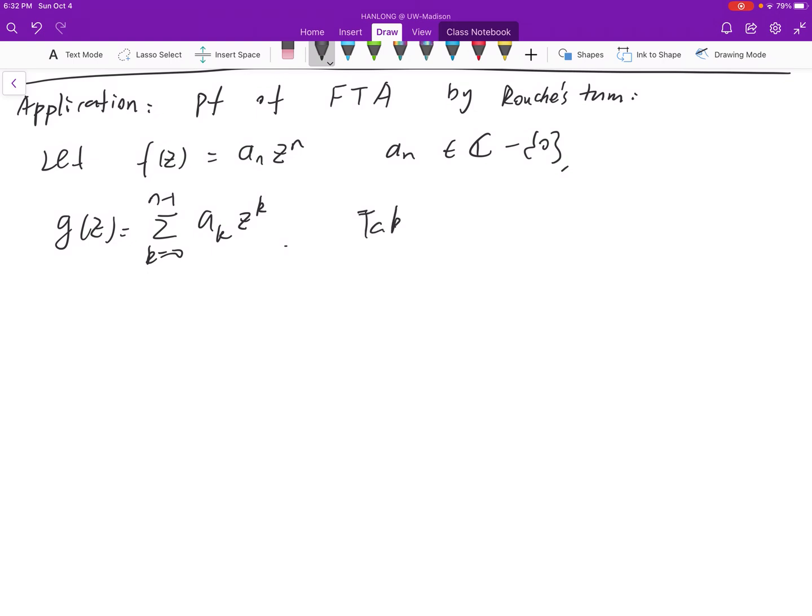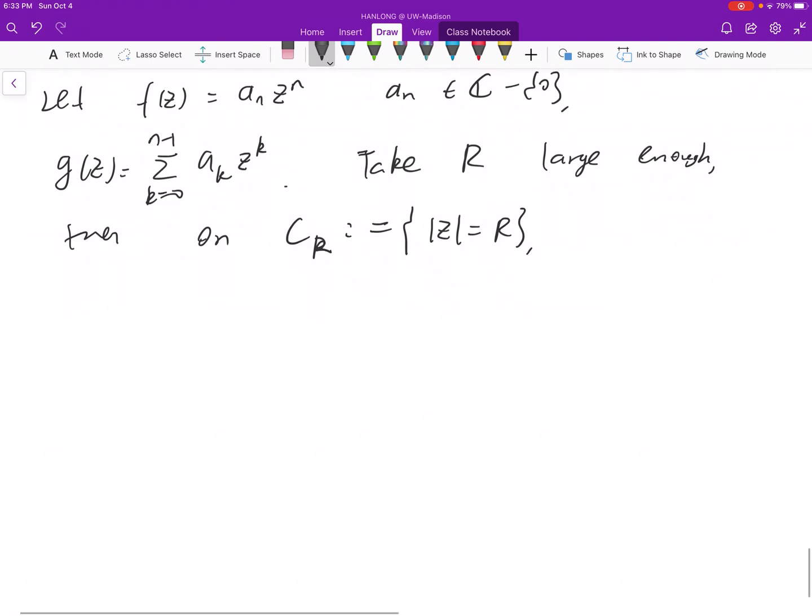Take r large enough, then on the circle defined by |z| equals r, the norm of f is greater than the norm of g.